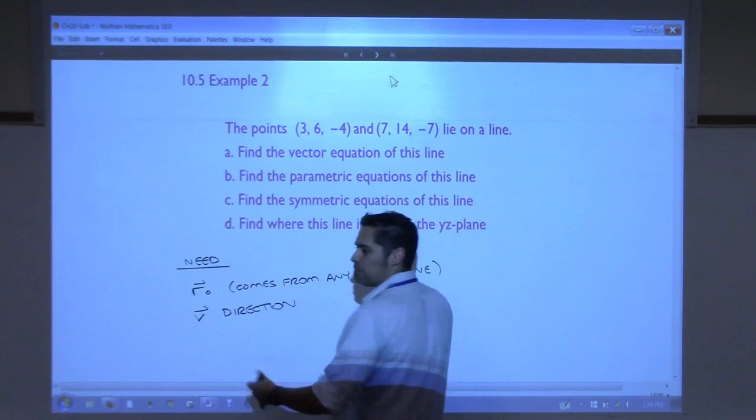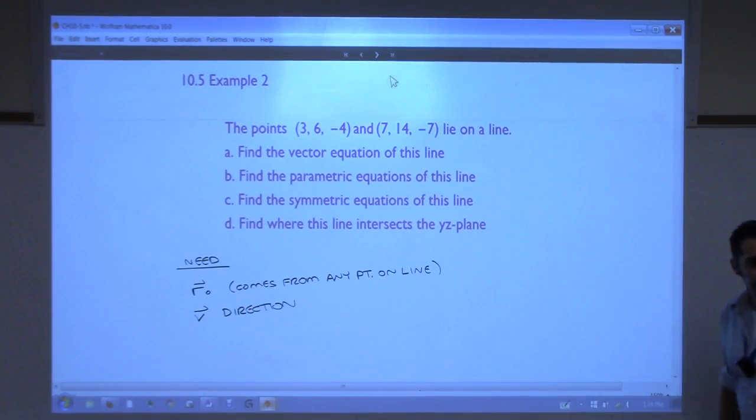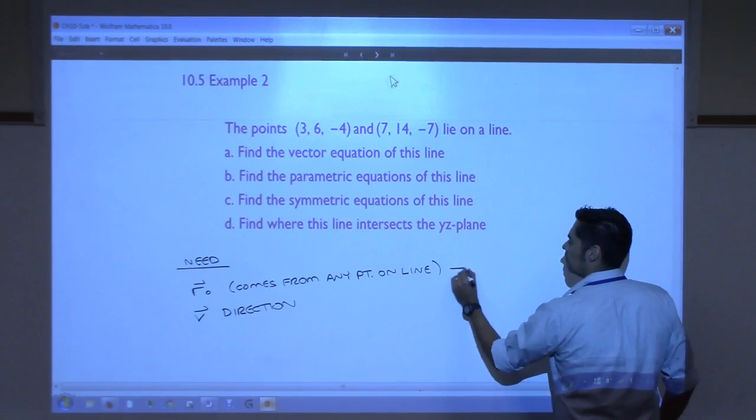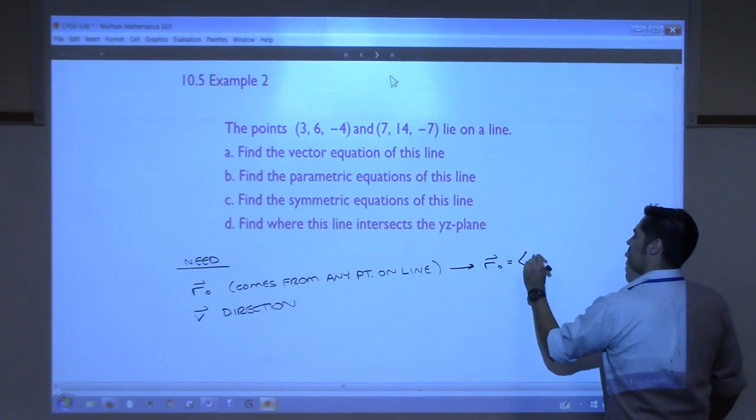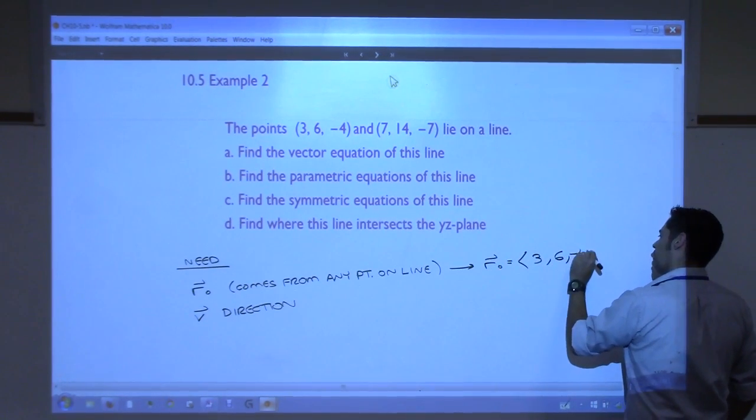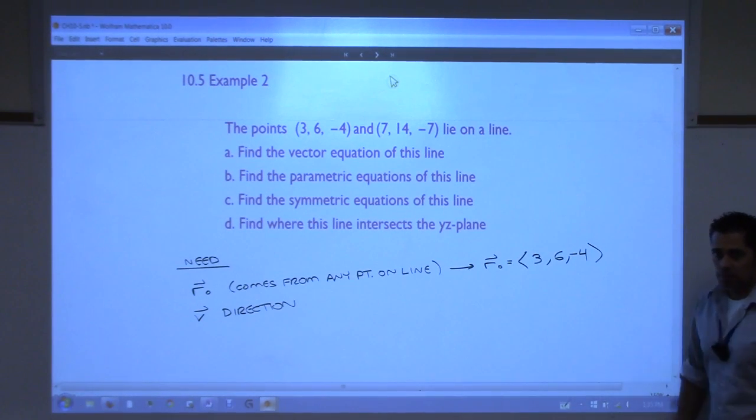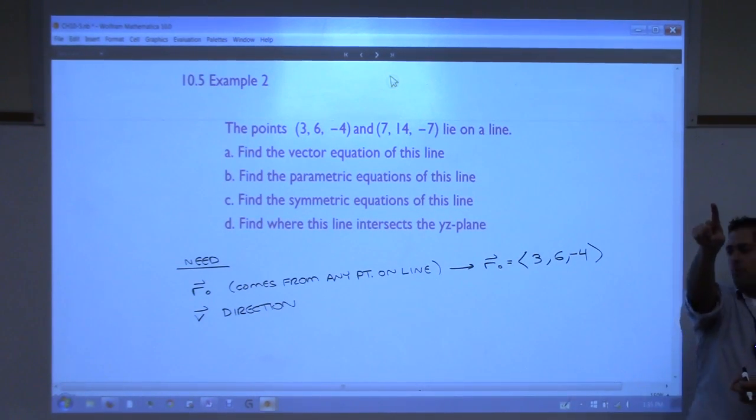Once you have that, you just plug it in the formula and you're done. So what about R naught? Can anybody give me a point on that line and convert it to a vector? Go ahead. What do you want it to be? 3, 6, negative 4. Yes, absolutely. That'll work. So that is a vector that's going from the origin up to one of the points, yes?